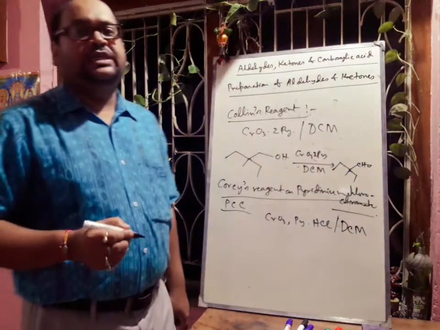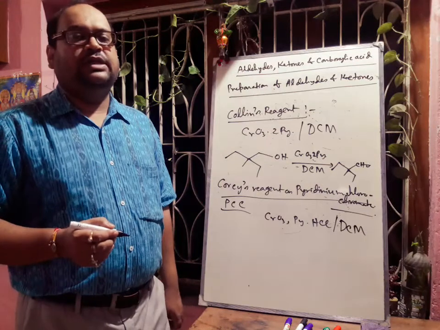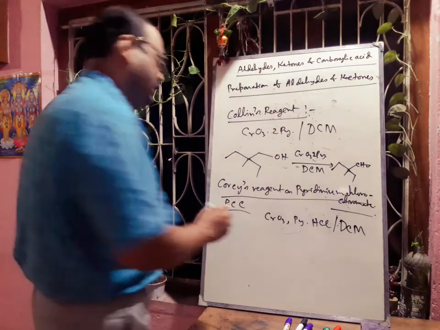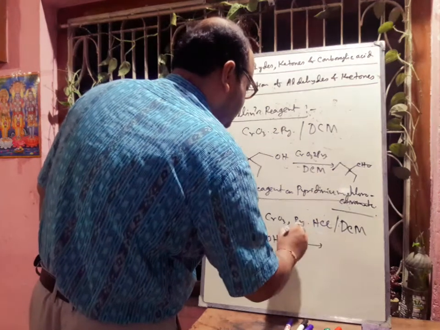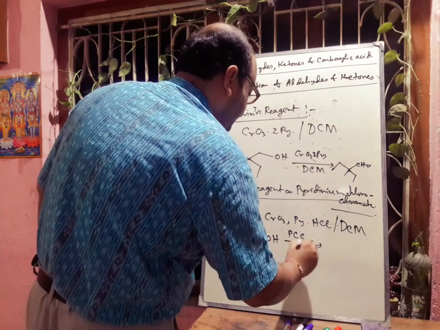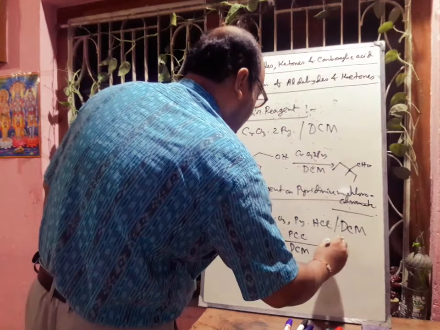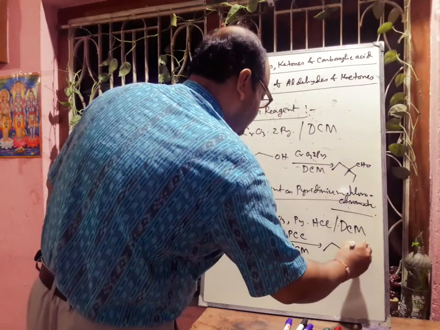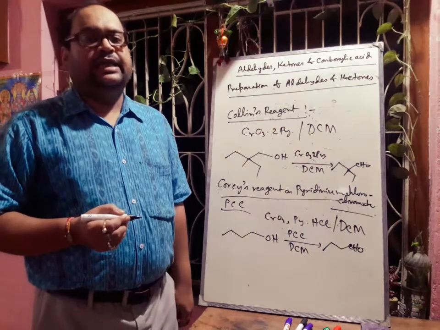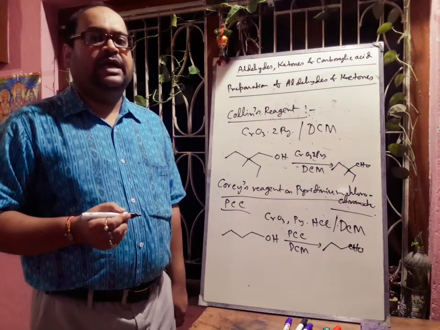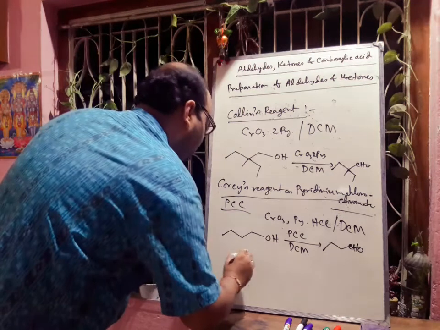Now this also we can use for the oxidation of 1 degree alcohol. Suppose we take this alcohol and use this PCC in DCM, then it will convert into aldehyde. Or we can take an alpha beta unsaturated cyclic alcohol.